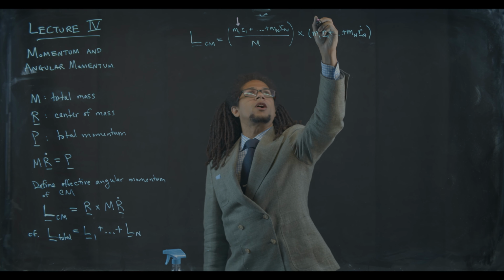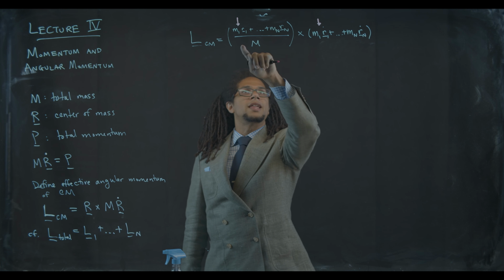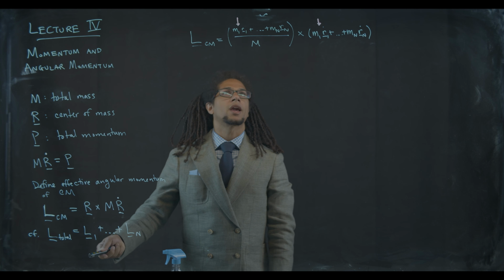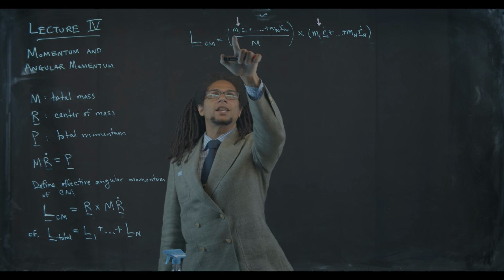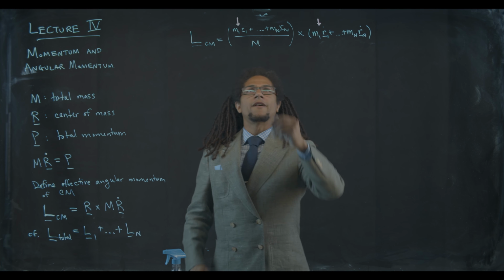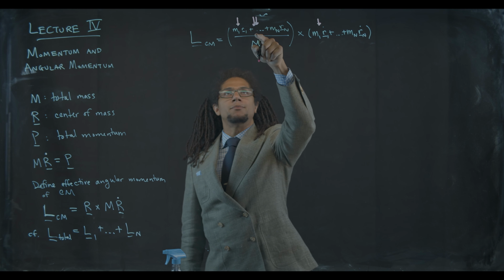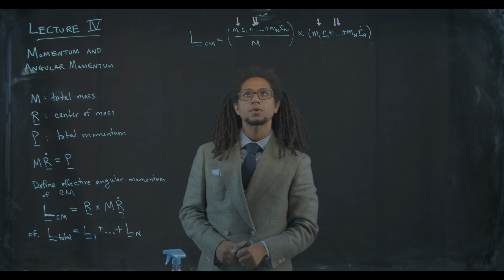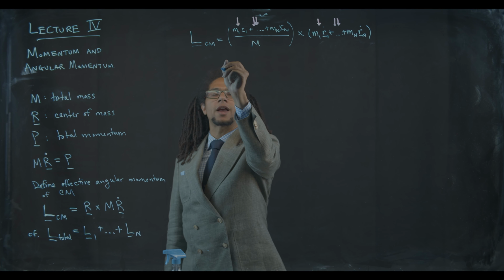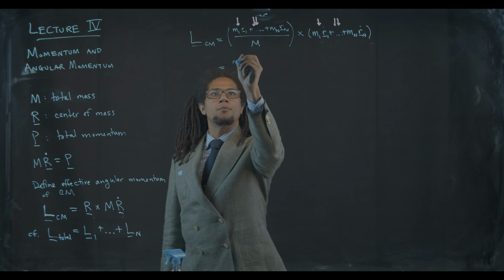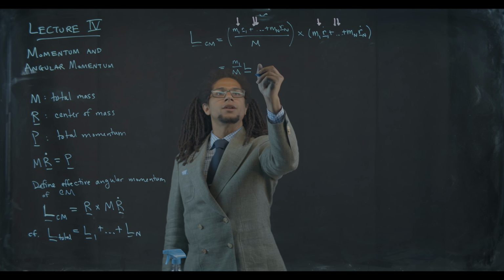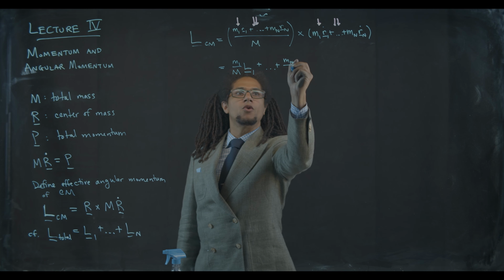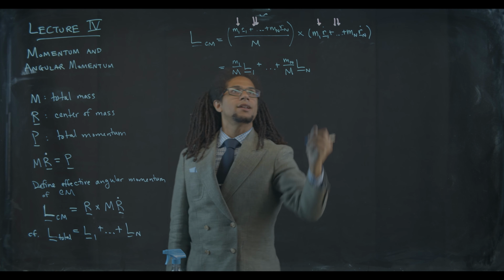Notice if I cross this term and this term, that is almost going to give me the angular momentum of the first object, except weighted by m1 over M. If I do it for the second term in the sum, m2 r2, and cross it with the second term in this sum, I'm almost going to get L2, but also weighted by m2 over M. So what I get is m1 over capital M, L1, plus dot dot dot plus mn over capital M, Ln.